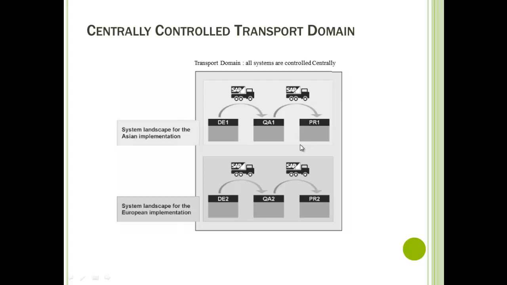You can configure the transport route using STMS or TMS. Otherwise, if you want a different QA in the middle, and instead of a 3 system landscape you want a 4 system landscape, it's also possible. Again, it depends on you.